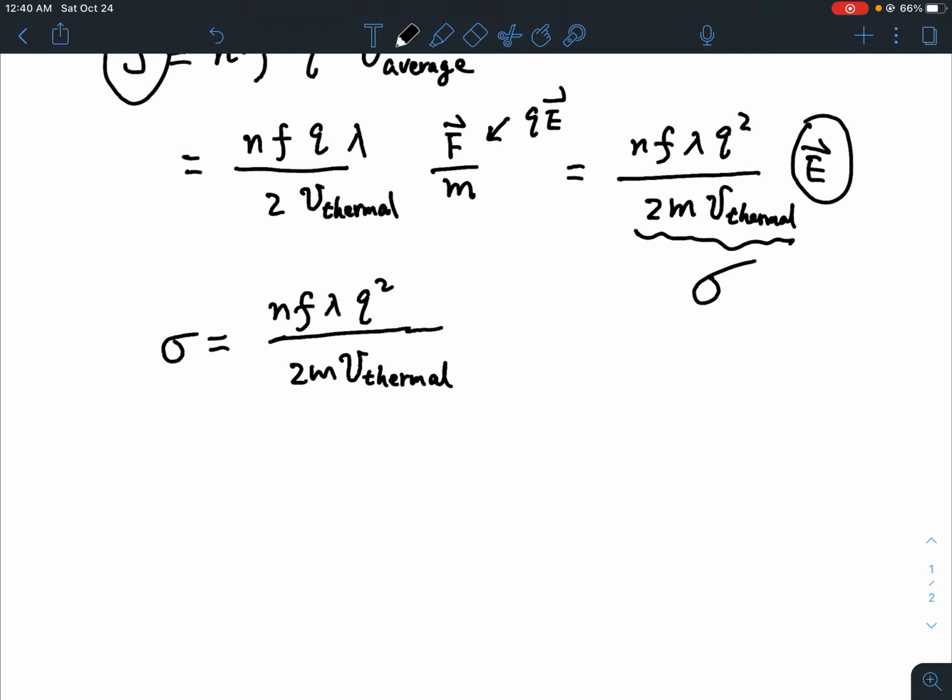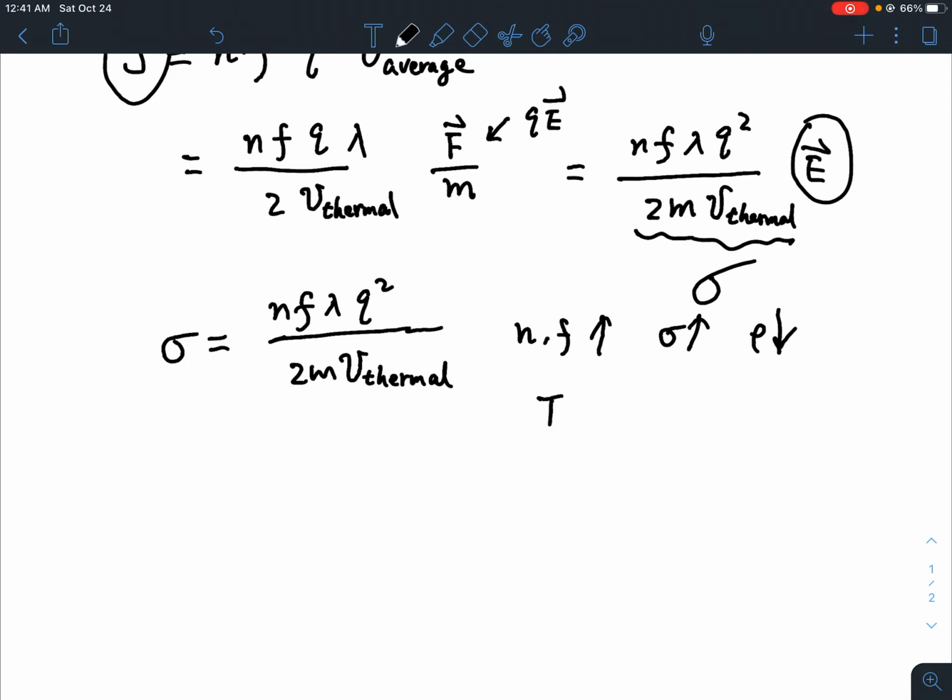From this very simple model, if we have more molecules per unit volume and more free electrons per molecule, the conductivity will increase and the resistivity will decrease.